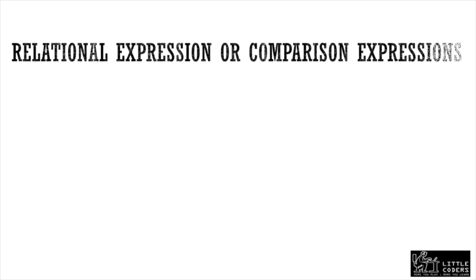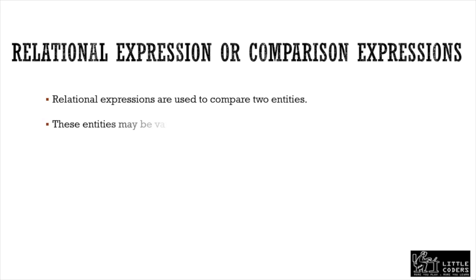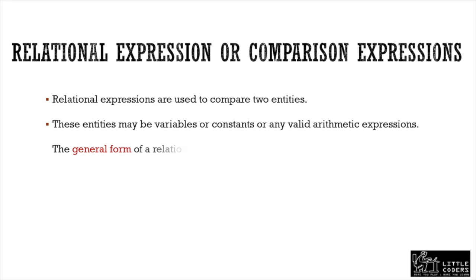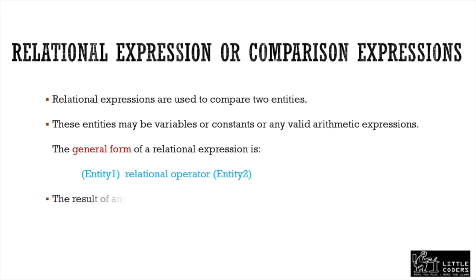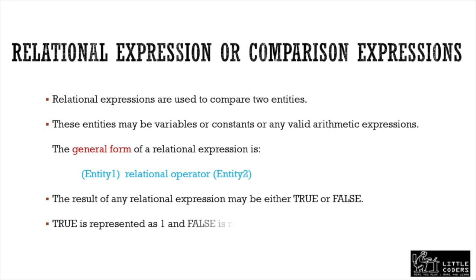Now, let us see the relational expression and how we are going to write this. As we said earlier, relational expressions are used to compare two entities. These entities or quantities may be variables or constants or any valid arithmetic expression. The general form of a relational expression is entity 1, relational operator, and then entity 2.